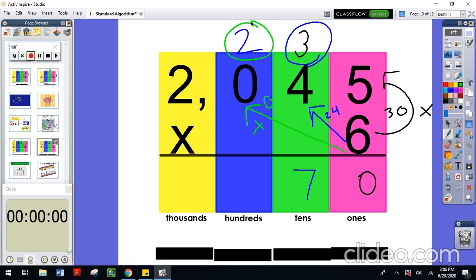So 0 plus 2 makes 2. We're going to finish up in our thousands place by doing 6 times 2, which is going to give me 12. The 2 goes in the thousands place, the 1 goes next to it. So the product of 2,045 times 6 is 12,270.